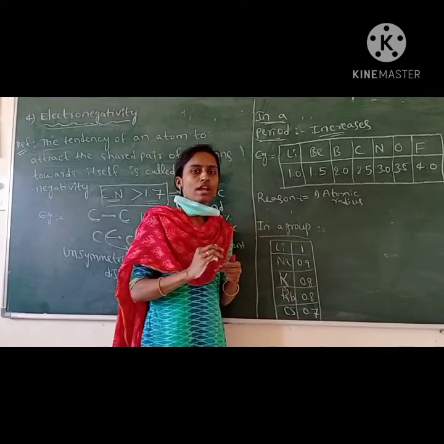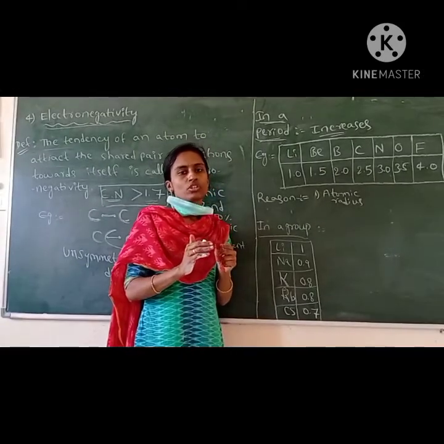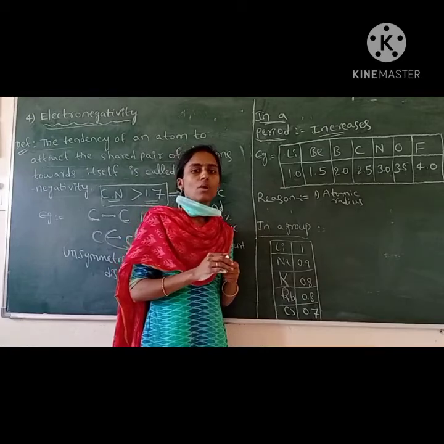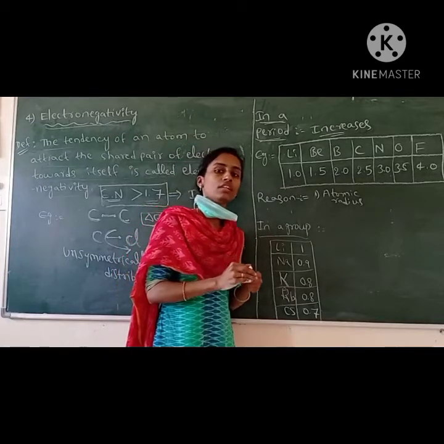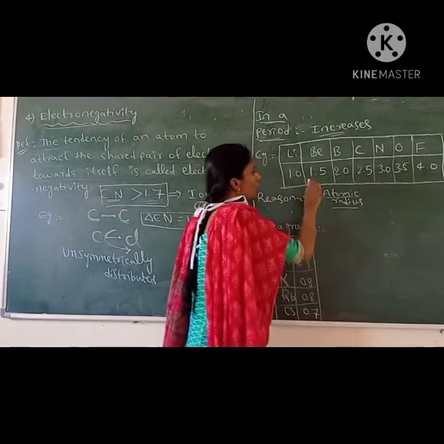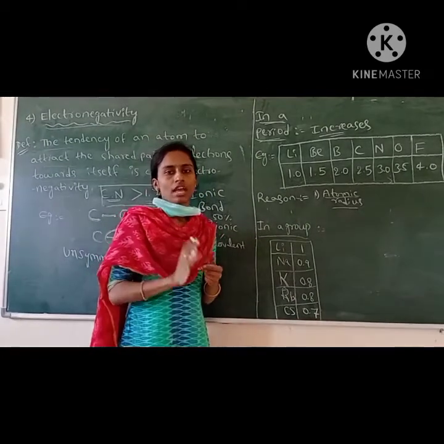It means positive attracts the negative. That's why if nuclear charge or positive charge increases, it attracts the electron cloud more, which means electronegativity is more. That's why electronegativity increases from left to right due to the size decrease.